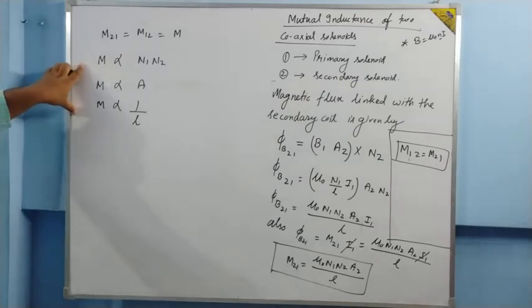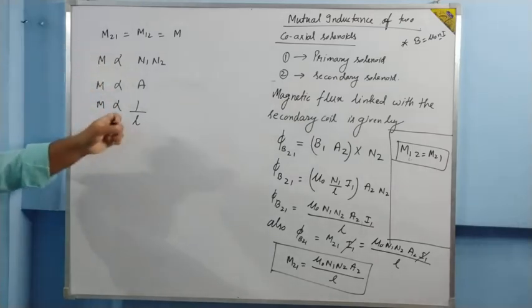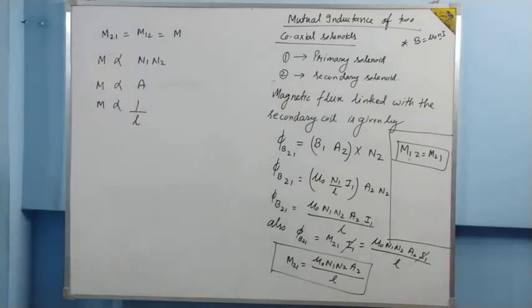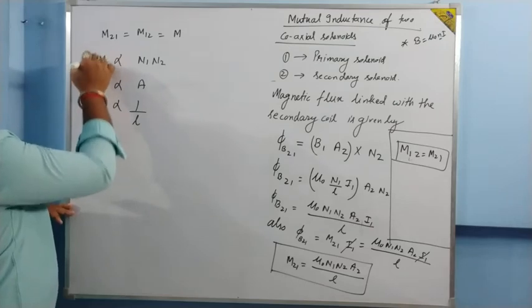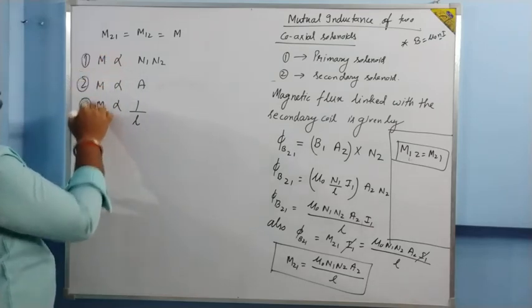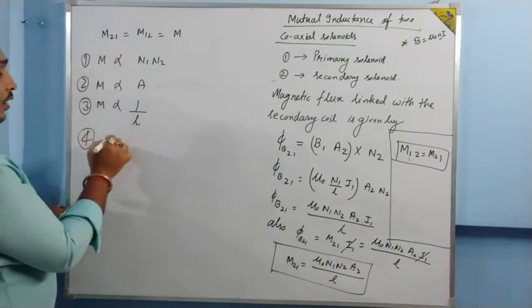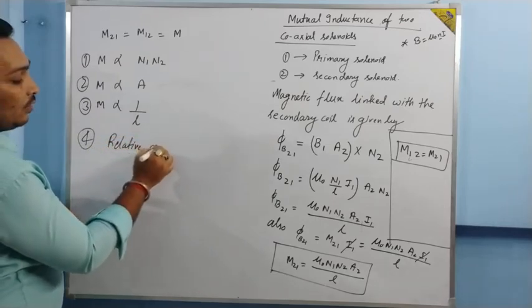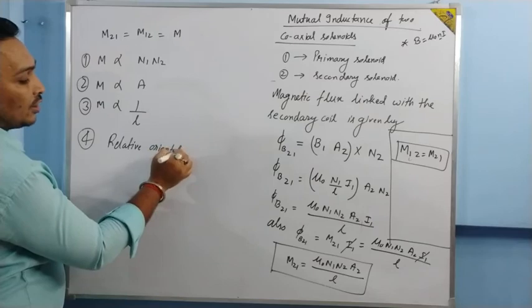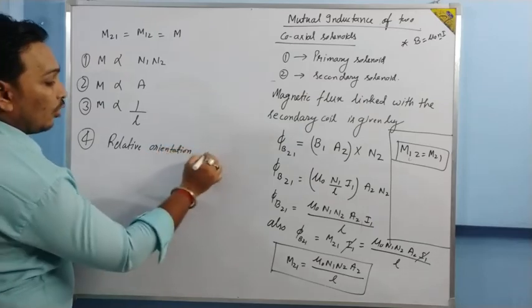So these are the factors which decide the mutual inductance of two coils. One more factor is there: suppose this is 1, this is 2, this is 3, the fourth factor is the relative orientation of solenoids.